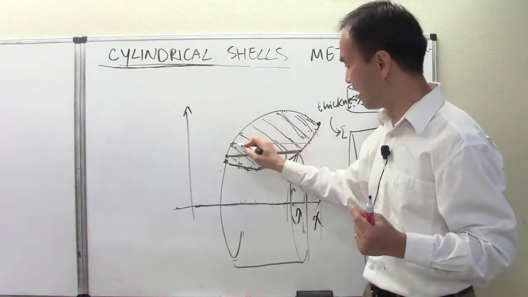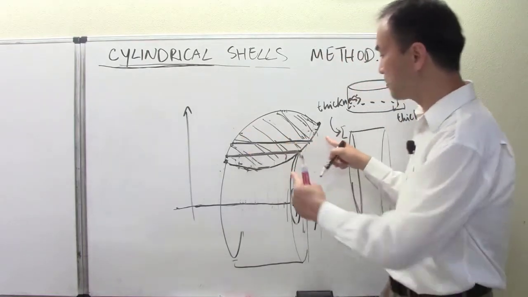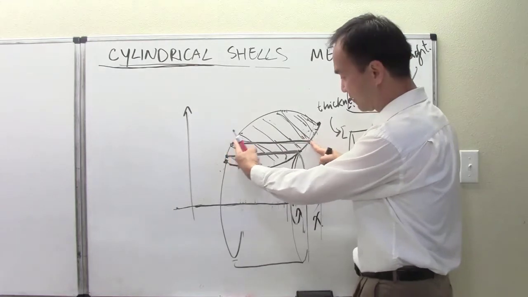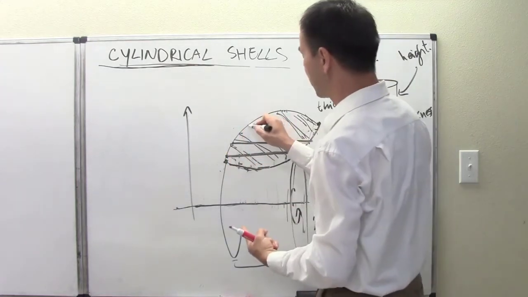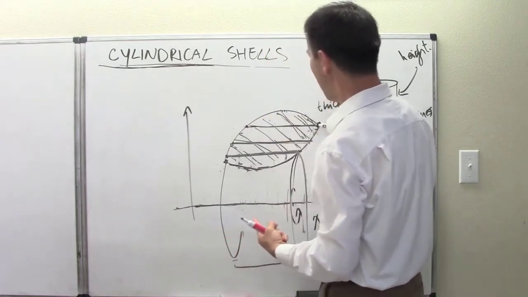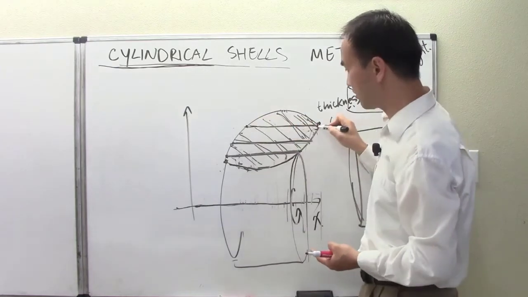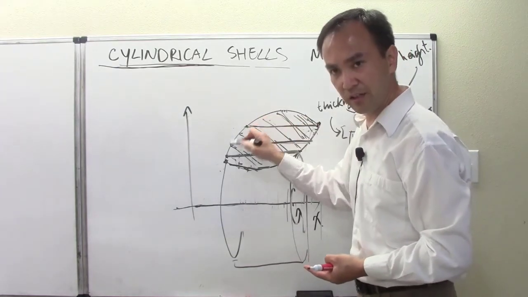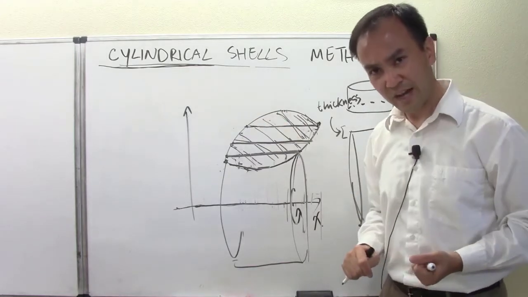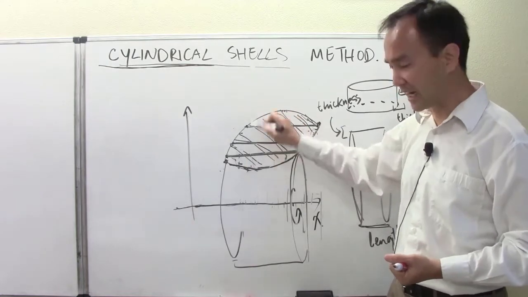So the length of the stripe varies depending on where we put it. It varies from one end of the region boundary to the other end. We're going to get to that as well. So you can realize that the length varies.